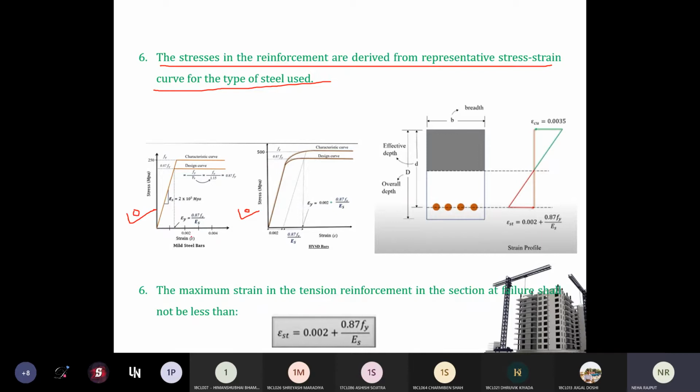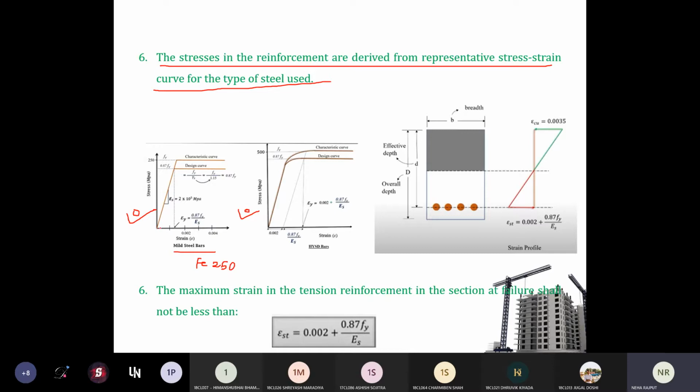I have shown you that graph also in my last lecture: this is for mild steel bar Fe 250, and this is for HYSD bar Fe 400, 415, 450, 500, 550. So this is the representative stress-strain curve. Why representative?